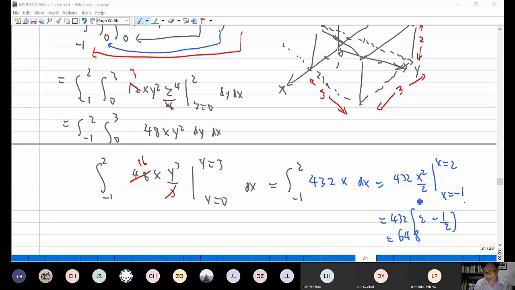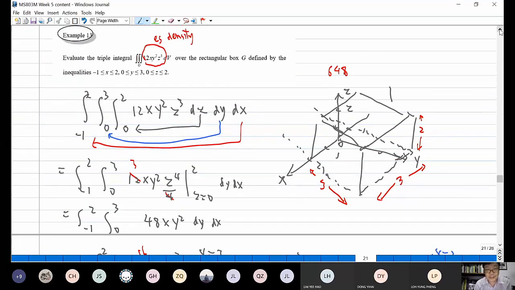So this one is 648. Okay, so first example, a triple integral. Okay, so let me move on.